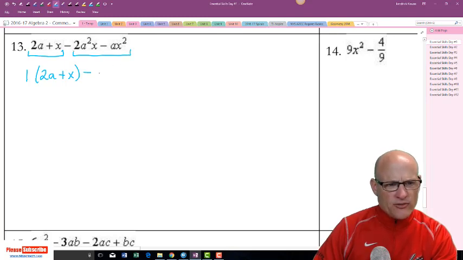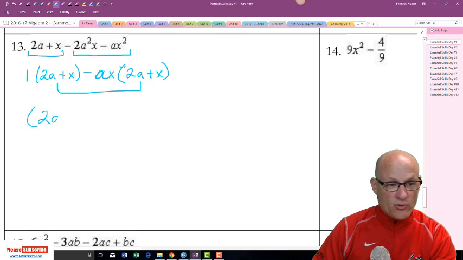In these two, I can take out an ax. And I'm left with 2a plus x. Now again, these have to match, and they do. So my first set of parentheses is 2a plus x, and my second set of parentheses is 1 minus ax.